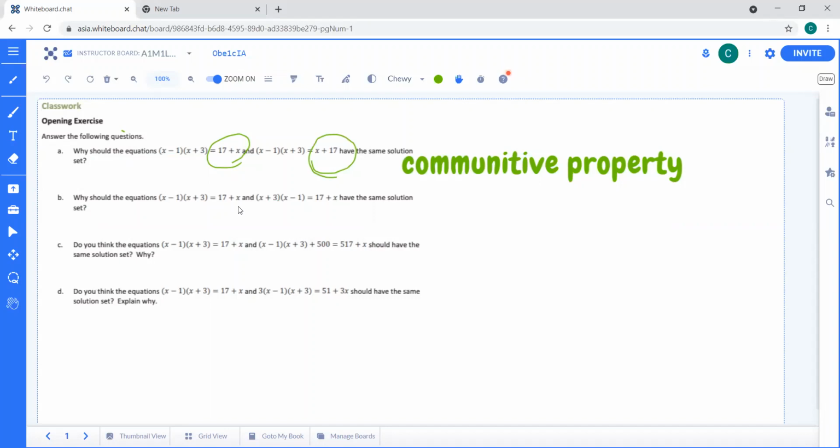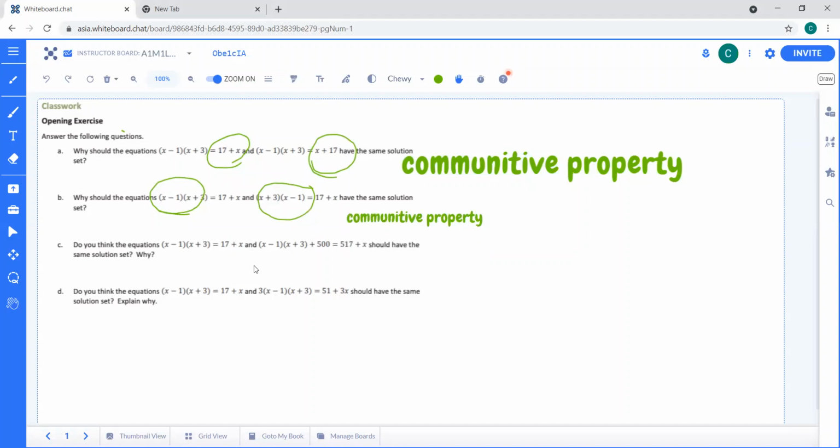Oh, same thing. All that we have done is swap the part on the left side of the equation. That's the only thing that's happening. It's just swap. So once again, that is the commutative property.